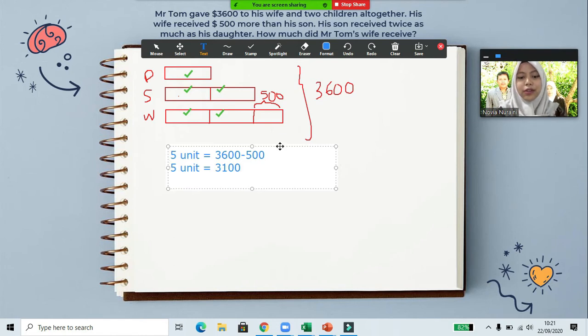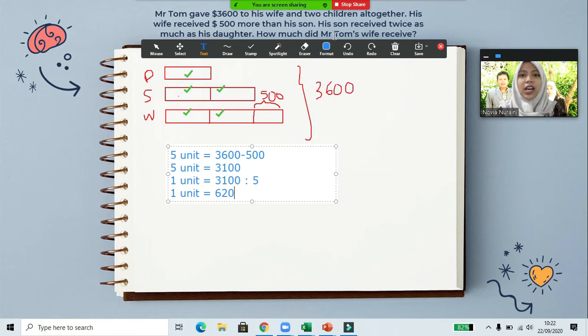Now if we want to find 1 unit, it is 3,100 divided by 5. So 1 unit is, what is that? 620. Okay, so this is 1 unit.